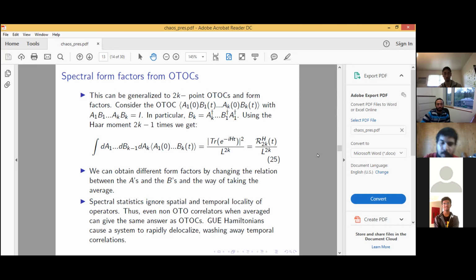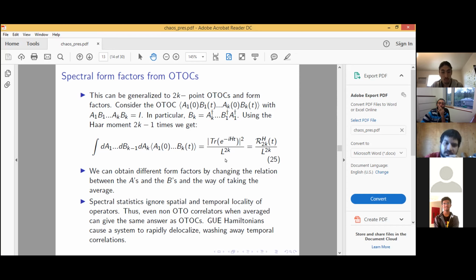And so here we had picked a very specific relation between the A's and the B's. We can find that if we change the relation between the A and the B, so for example, if we define each Bi to be the dagger of each Ai, we will still be satisfying this equation, but we can end up with a different value.